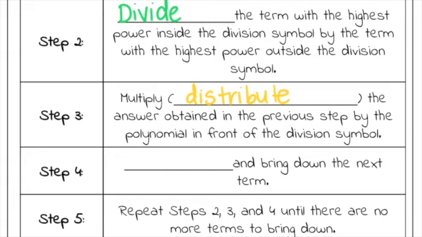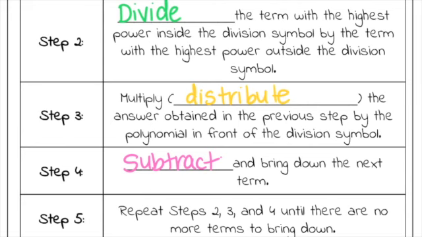Once you've multiplied that all out and brought everything down, the next step is to subtract. And with that subtraction, you have to make sure that you do it to every piece in the bottom.